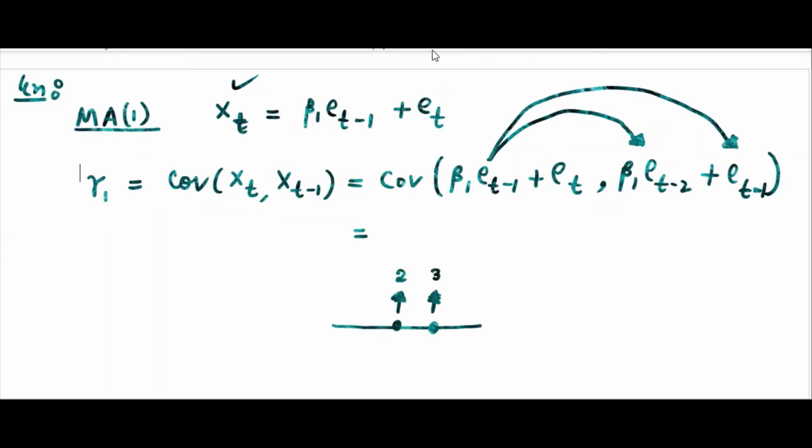Suppose I take 2 hours 5 minutes; this 5 minutes, this random shock, the innovation, the white noise, will depend on that day. It will depend only on that time t. It has no link with the previous values or previous errors. They are uncorrelated.